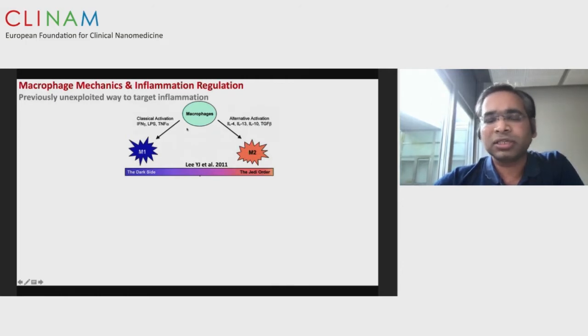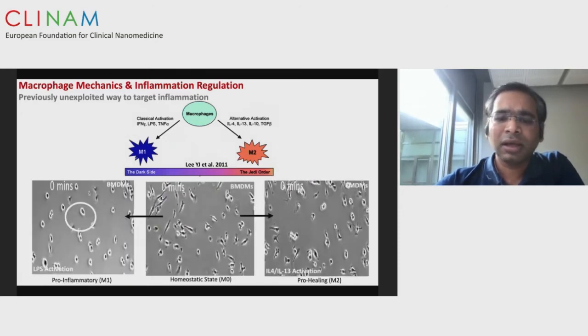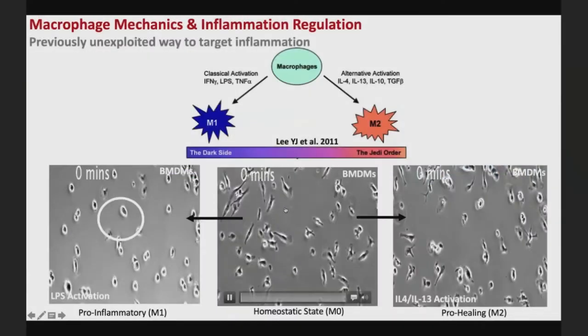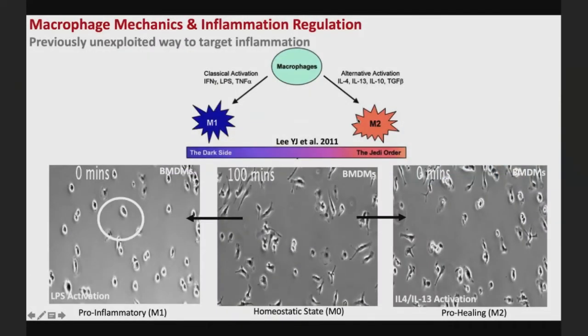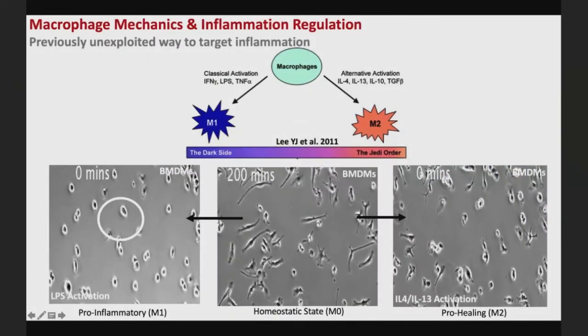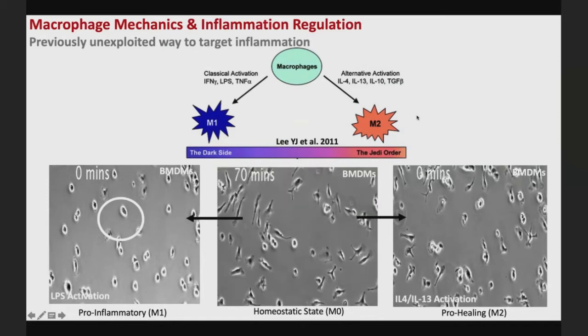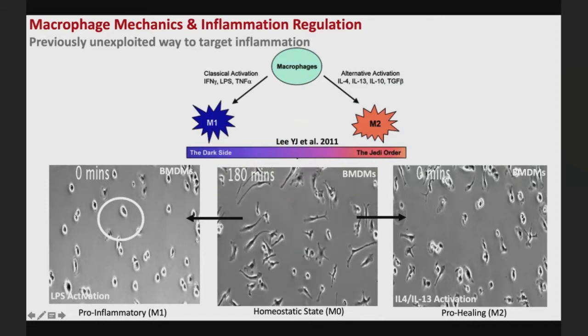I don't need to explain that when macrophages get activated, they go into M1 or M2, which is pro-inflammation and anti-inflammation. And I won't get into the detail that once these macrophages get activated, they change their gene expression profile dramatically. But what we found was pretty peculiar. If you look at these primary macrophages in an in vitro setup, these are the homeostatic or M0 ground state macrophages.